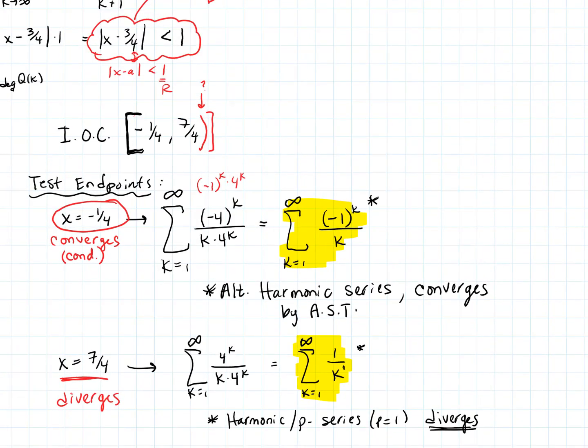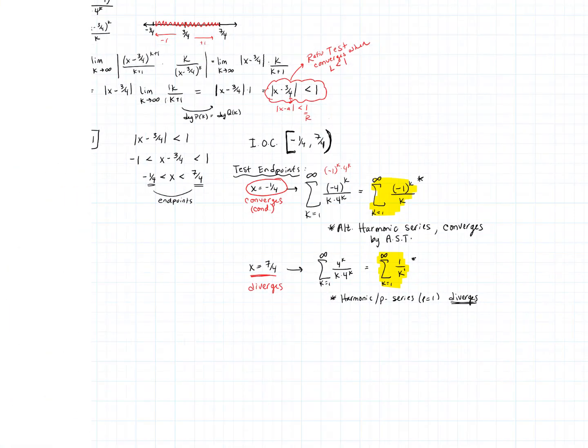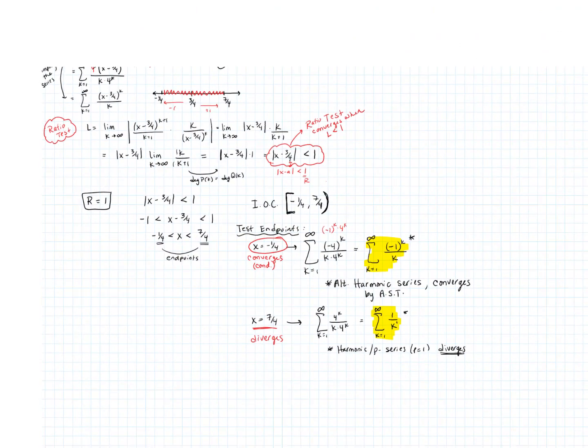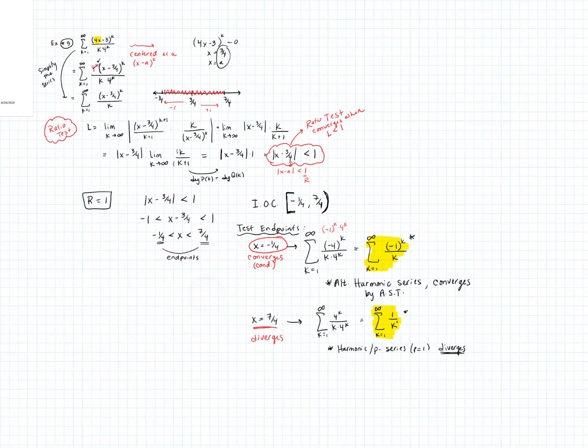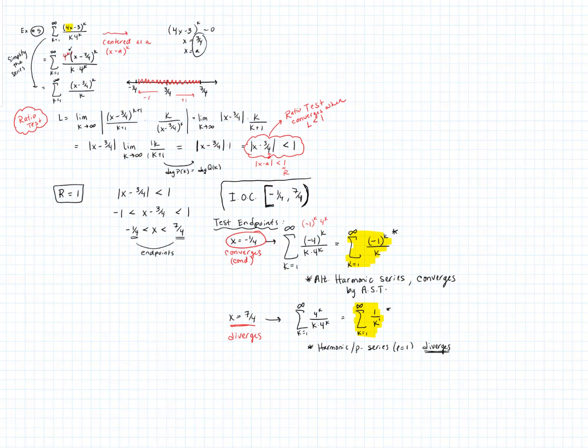So when we come back to our interval of convergence right here, at 7/4, we have to leave the interval of convergence open because we have divergence at 7/4. So our radius of convergence is equal to 1. To summarize everything that we've done on this example, our radius of convergence is equal to 1, but our interval of convergence is from negative 1/4 to 7/4, including negative 1/4 but not including 7/4, open at 7/4.